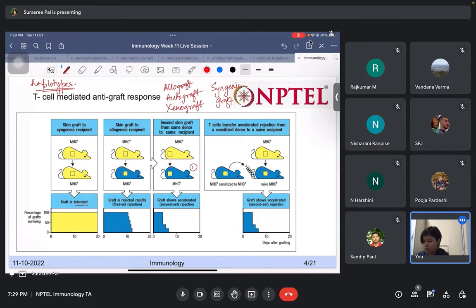So this is one and this is two. So what is done? From this yellow mouse, I am transferring a graft onto this blue mouse, and also transferring from this first mouse to the second mouse. The first mouse is already sensitized, so it has already shown this graft rejection. Then what happens, we show that the graft is rejected much faster.